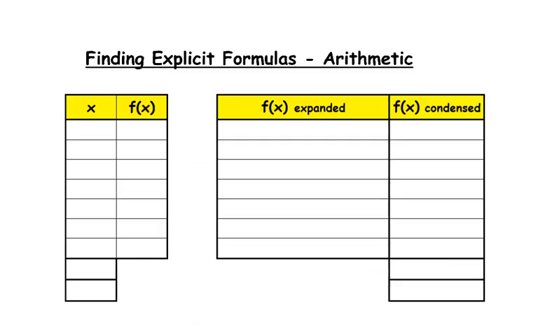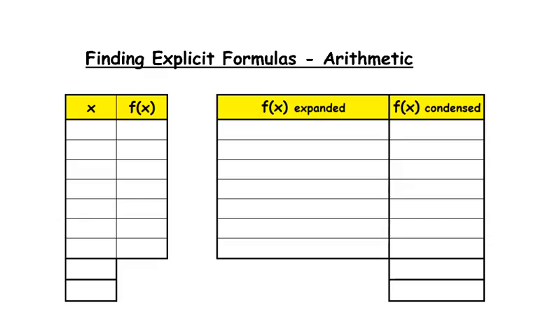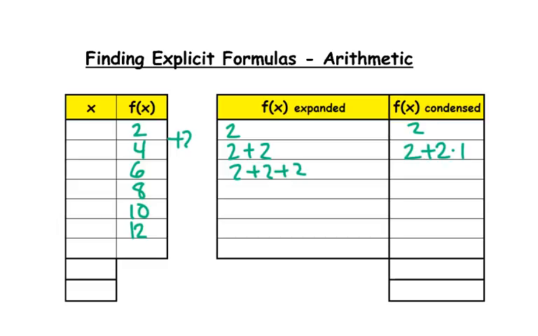Okay. Now, if we were to go back and do this with an arithmetic version, okay, so say it was 2, 4, 6, 8, 10, 12. It's the same process, but the difference is you're adding, because the growth is adding, not multiplying, but you end up with a similar pattern going on here.